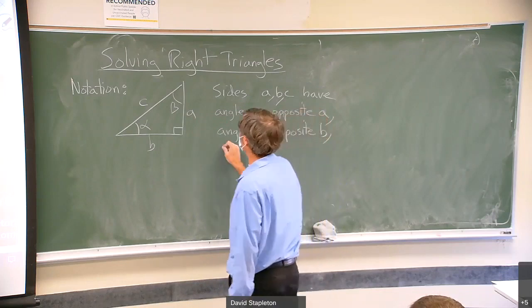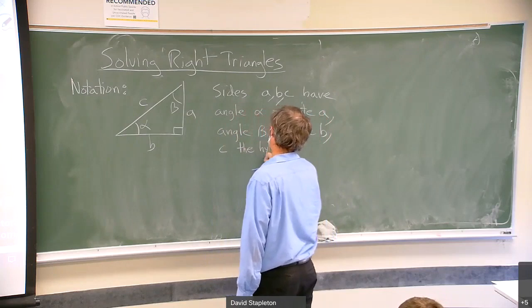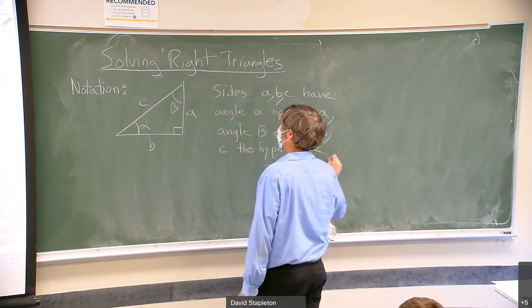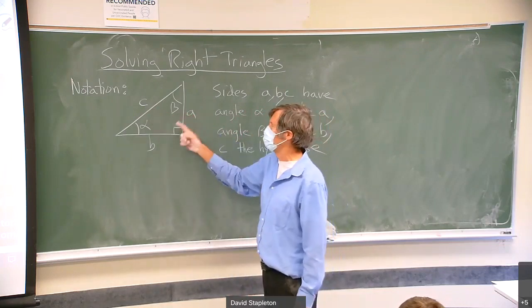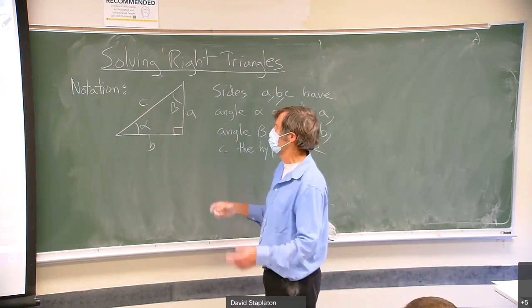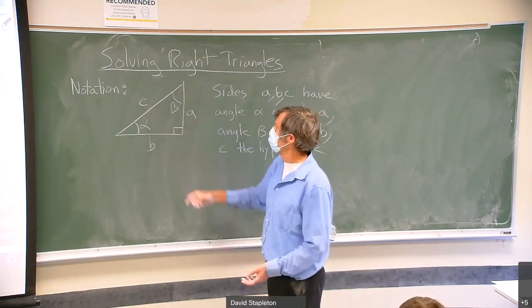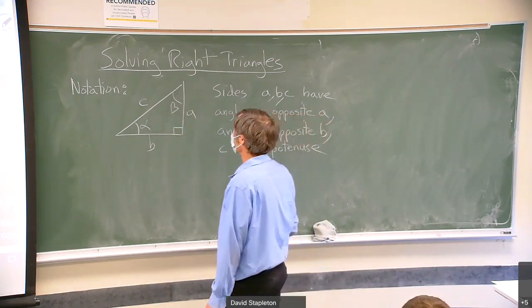And then c, the hypotenuse, the longest side. You can give me an impossible triangle already by making c less than a or b, right? The hypotenuse always has to be the longest side. So when I give you some of these triangles and give you the specification, if the hypotenuse is not the longest side, then right, it's an impossible one.